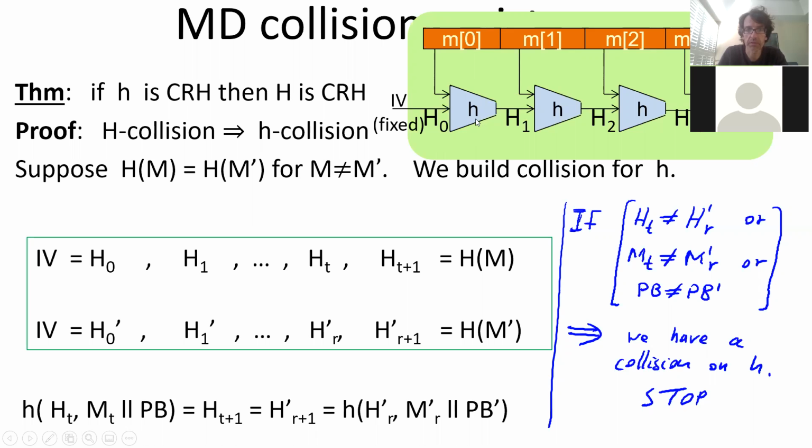It wouldn't be clear that it's necessarily true that M and M prime are the same. They have to have the same postfix, but when one of these messages is shorter, then the beginning of one message might be different. There are other variants where this reasoning is not going to work, but it will work when you set it up this way.